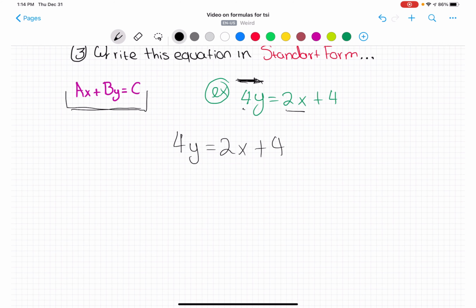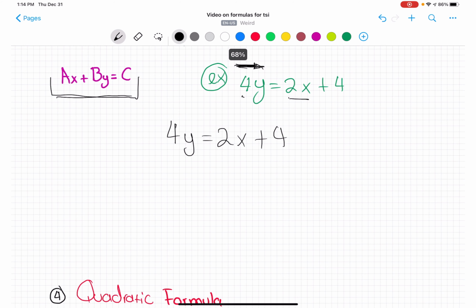And then I'm going to move the 2x to the other side. Since there's addition right here, I'm going to subtract the 2x and move it over to the other side. So we are going to have negative 2x plus 4y equals 4.